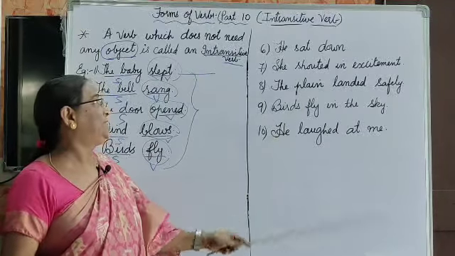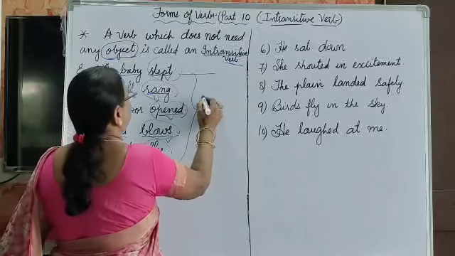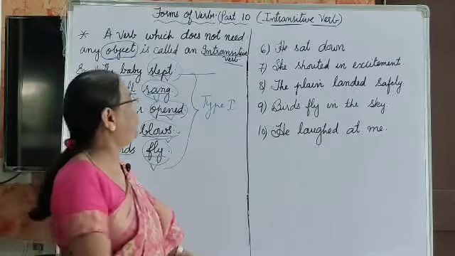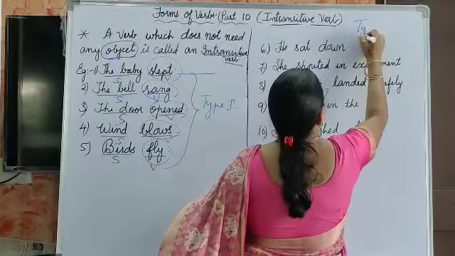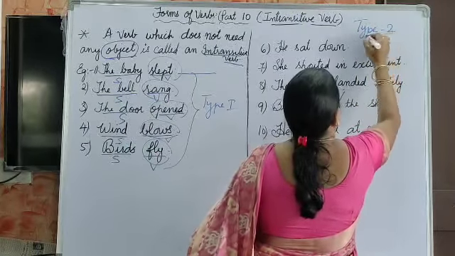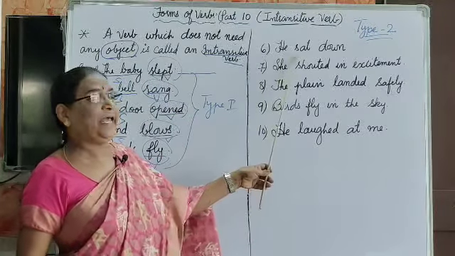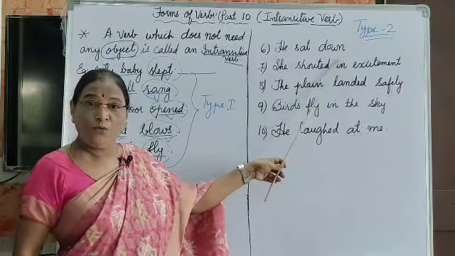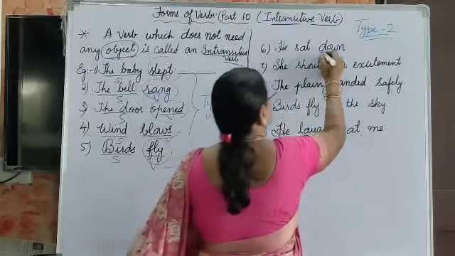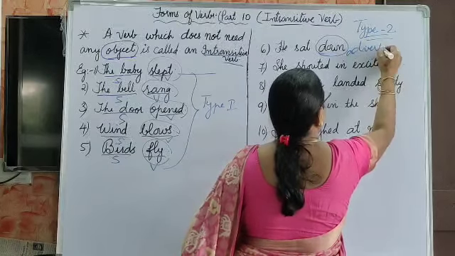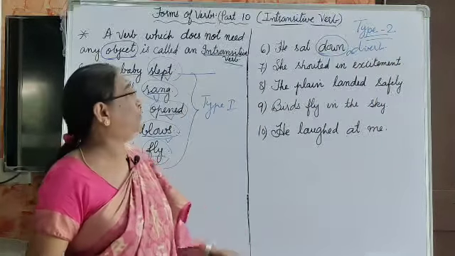Let us see in the next example. This is type 1, and this is type 2. Let me show the example here. He sat down. This shows the place. So this is adverb. Okay, down is a place.